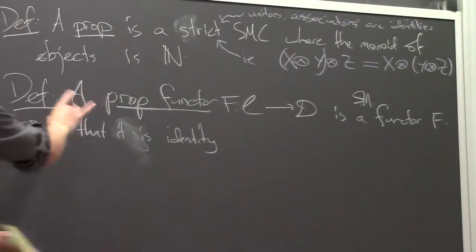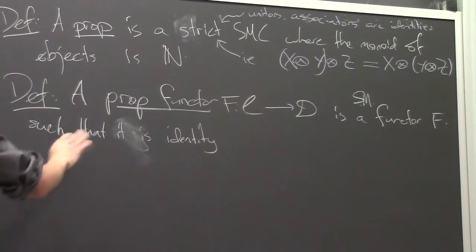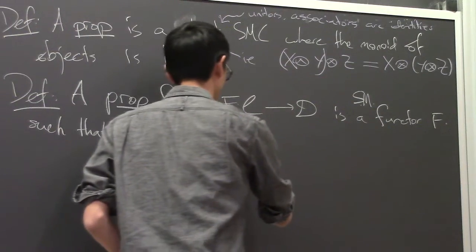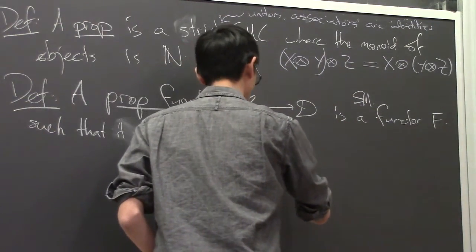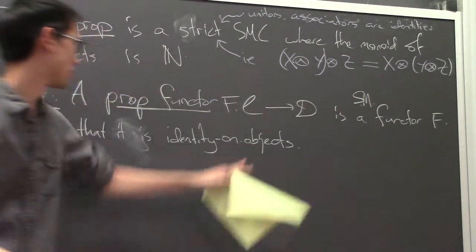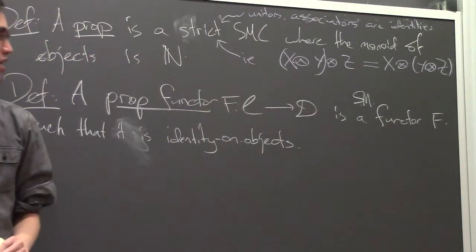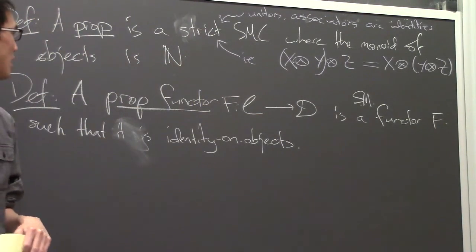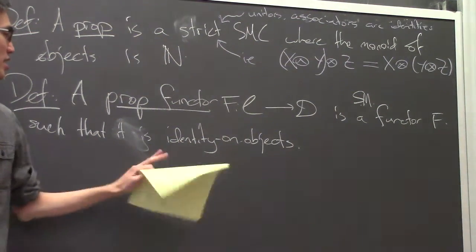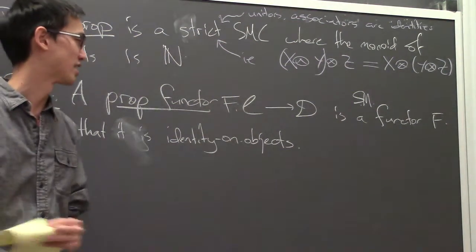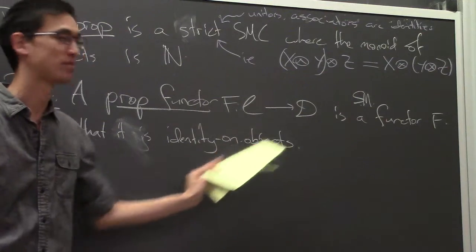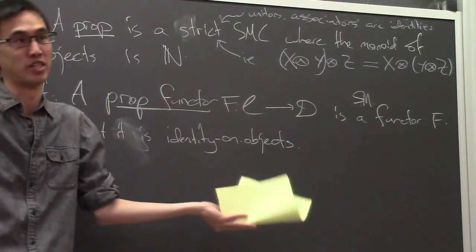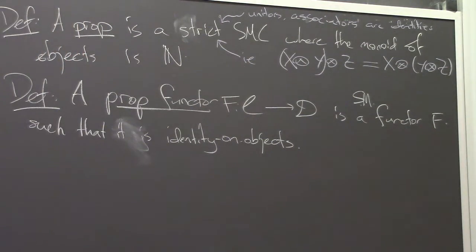So a prop functor is a symmetric monoidal functor such that it is identity on objects. So in particular, any prop has N as its set of objects, and so we can ask that the functor on objects just be the identity. It sends 1 to 1 and 2 to 2 and so on.